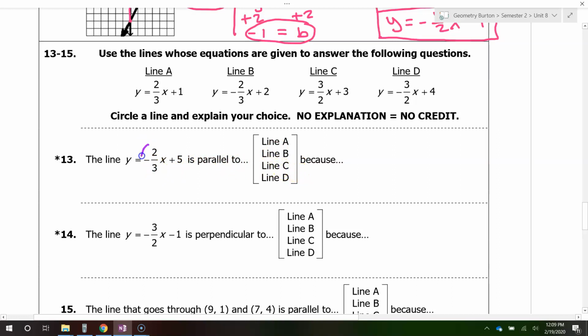Okay, so the slope is negative 2/3, and parallel lines have the same slope. So I'm just looking for another line that has the same slope. And that would be line B. I see the negative 2/3. So I'm going to say line B. So it is parallel to line B because it has the same slope.